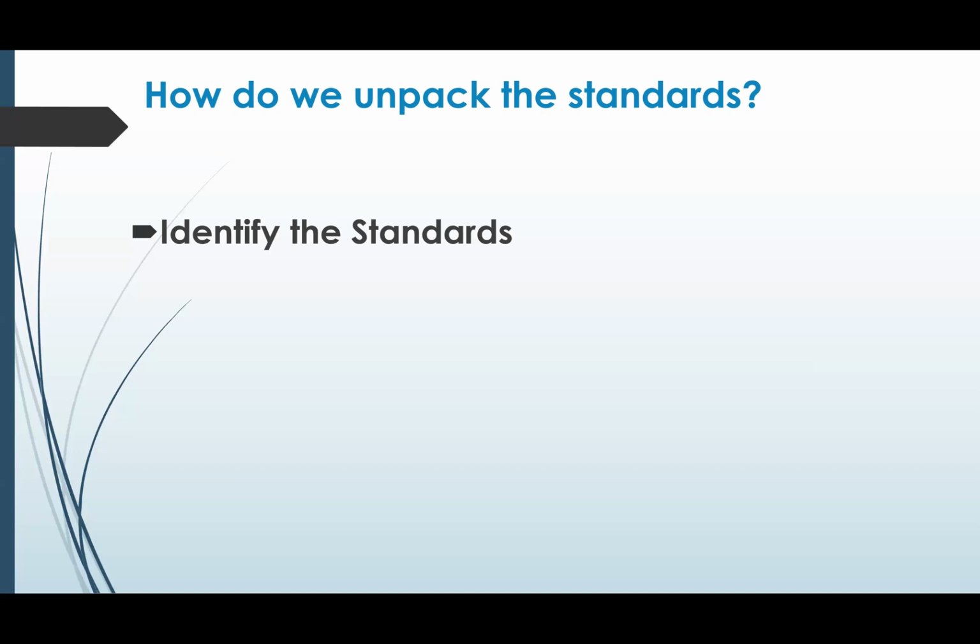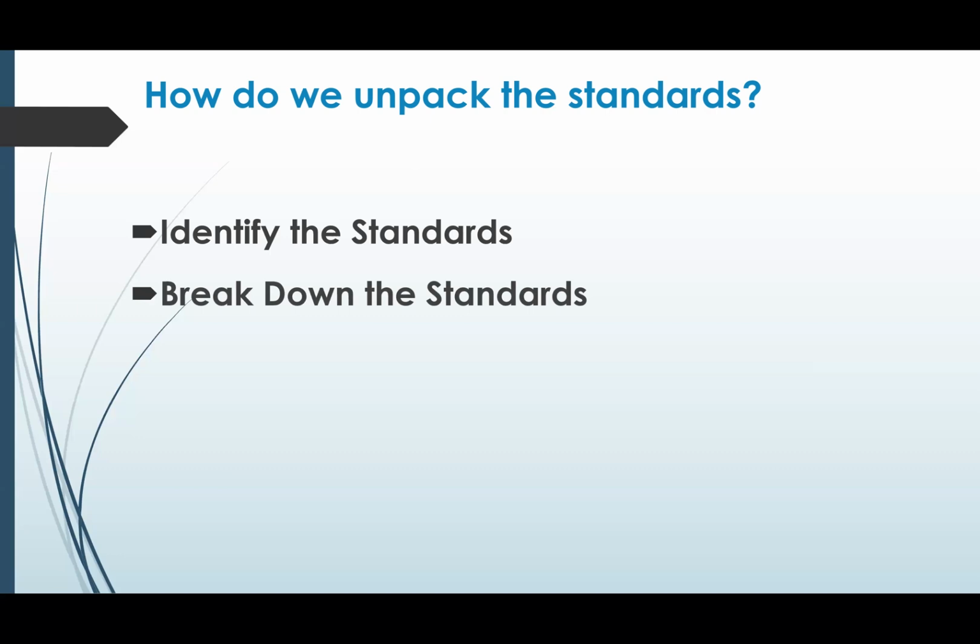So when we identify the standard, we need to determine the learning objectives, we need to determine the specific learning outcomes, we need to be specific, measurable, and we need to look into the alignment between that standard and what we need students to achieve as a result.